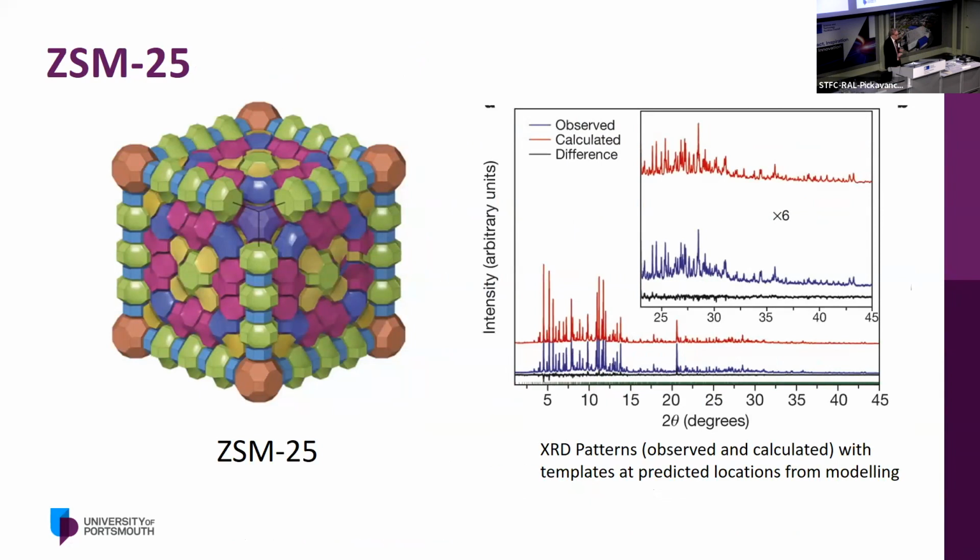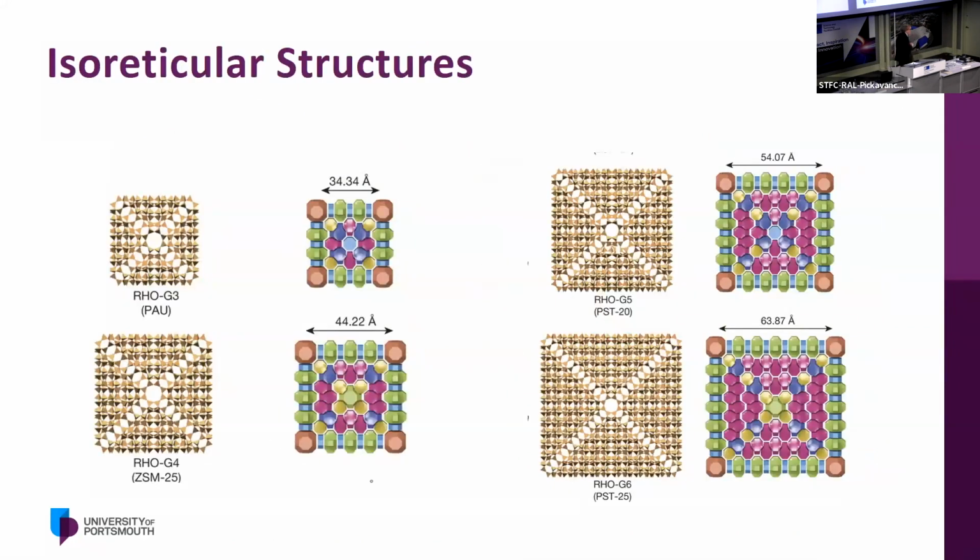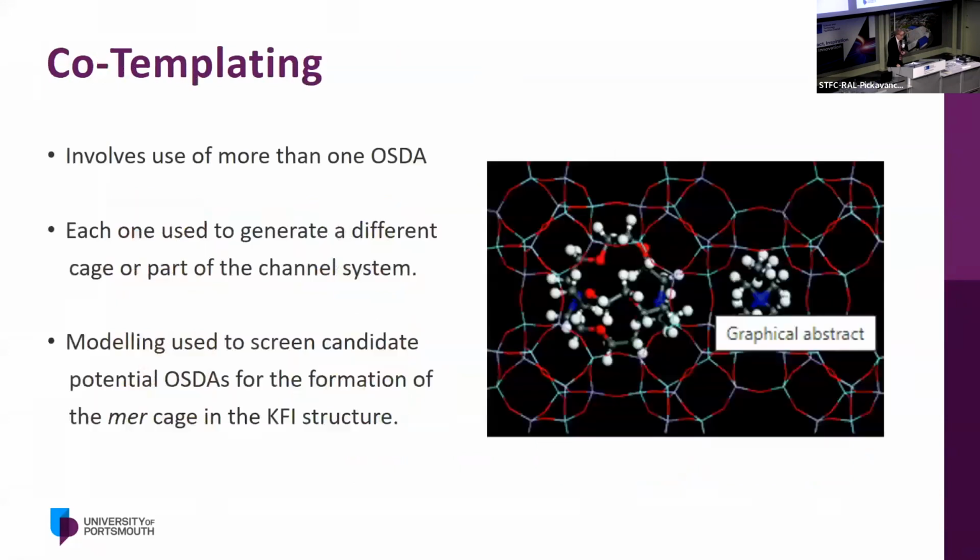And perhaps more importantly, by understanding the number of templates that went into which of the cages, it was possible for the team working on these structures to produce even more complex ones, the isoreticular structures within this family, because they knew that cations needed to be added to create the smaller cages. And so knowledge about where the TEA cations were located helped them to work out the synthesis recipe for those more complex structures based on those smaller cages.